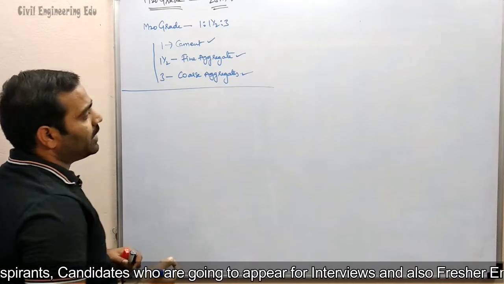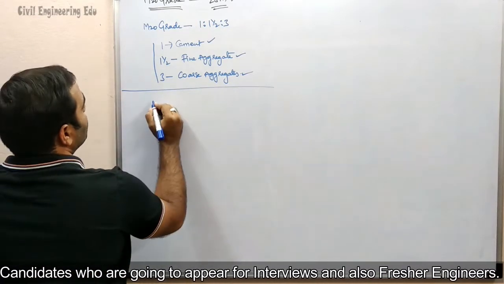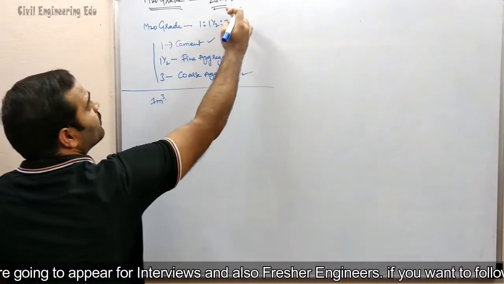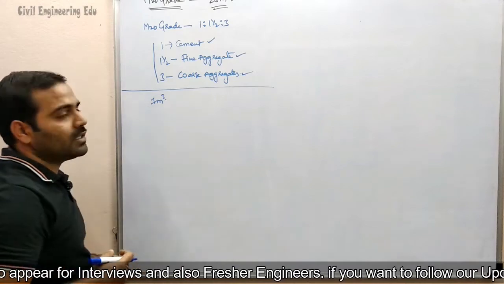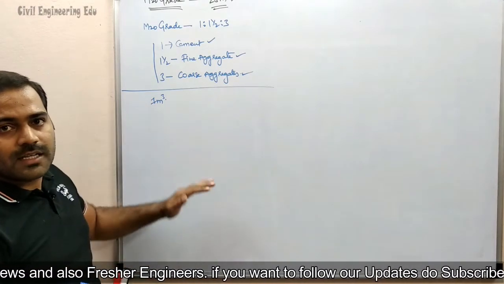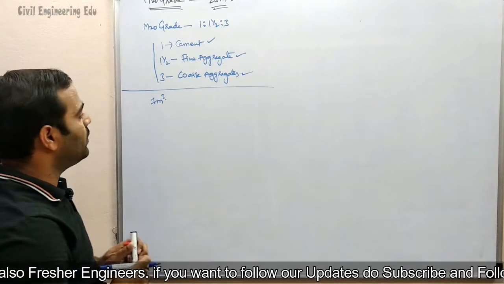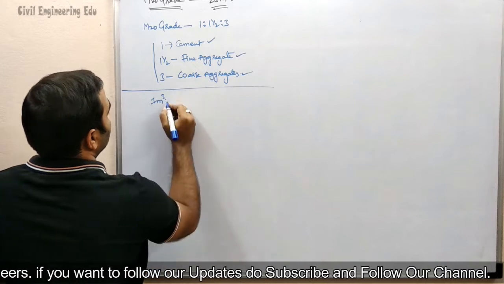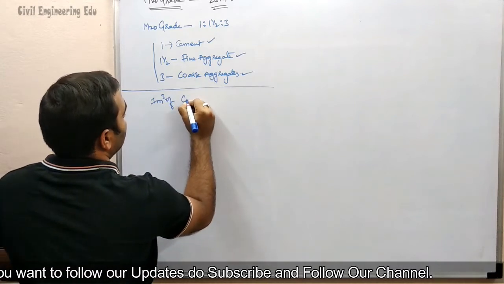So first of all, our aim is to find the materials for 28 cubic meters. But first of all, I will calculate the materials for 1 cubic meter, then I will multiply with 28 cubic meter. So I want to calculate it for 1 cubic meter of concrete.